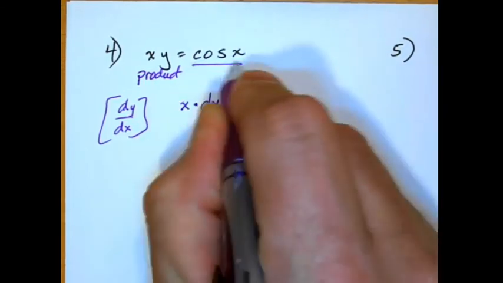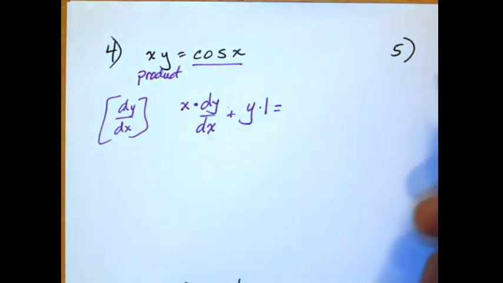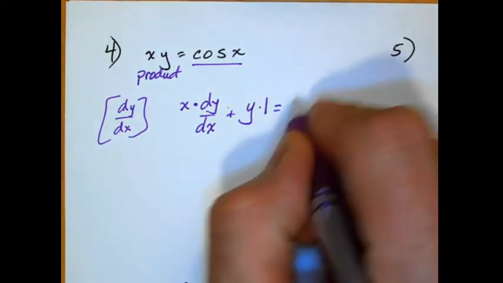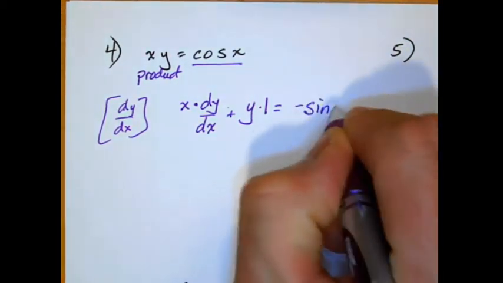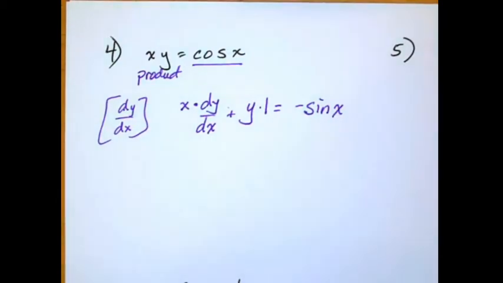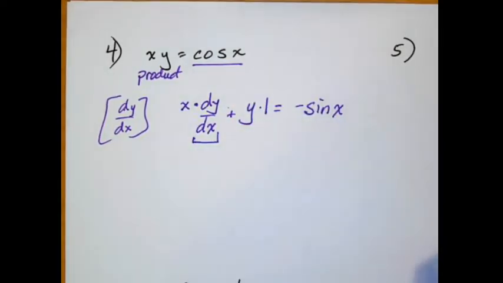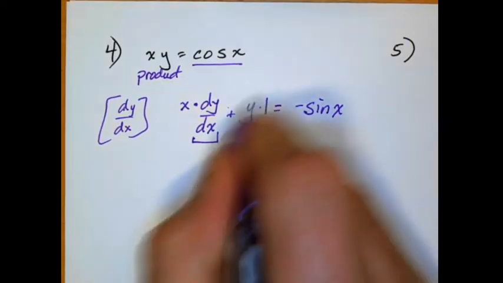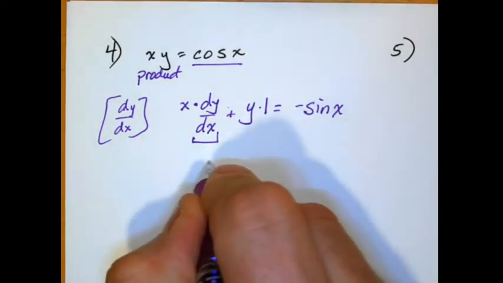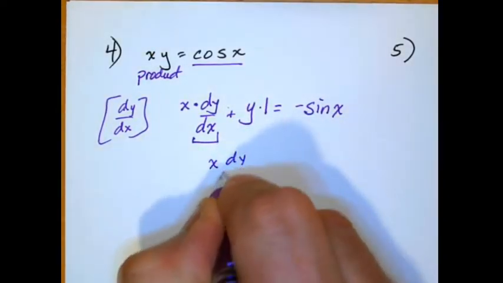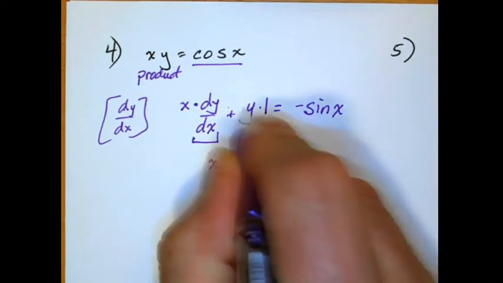And then we're going to find the derivative of cosine of x, and the derivative of cosine x is negative sine of x. And because it's not in terms of y, we're going to leave it as that. So the object again is to get dy/dx. So anything that doesn't have a dy/dx is going to go to the other side. I'm going to keep that with that.